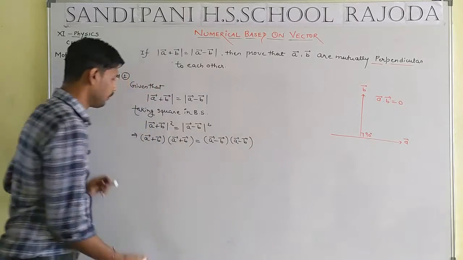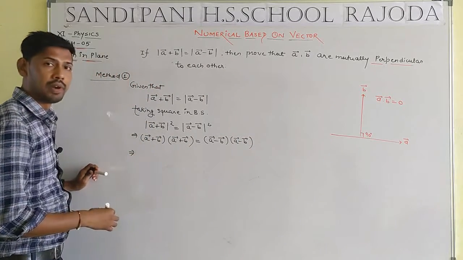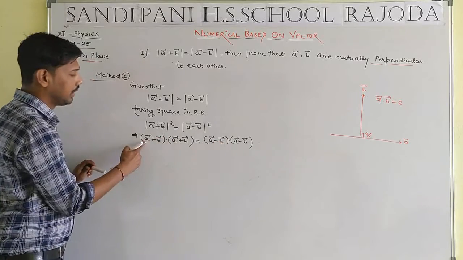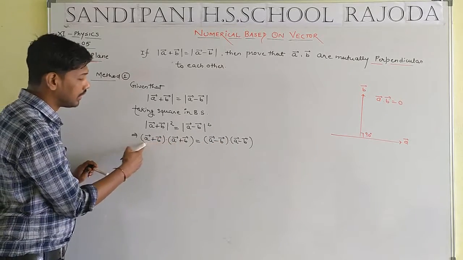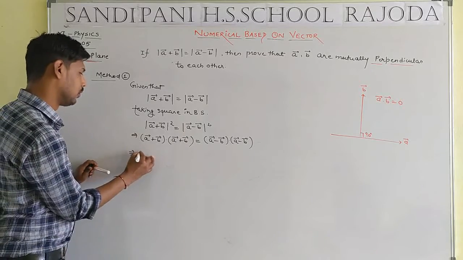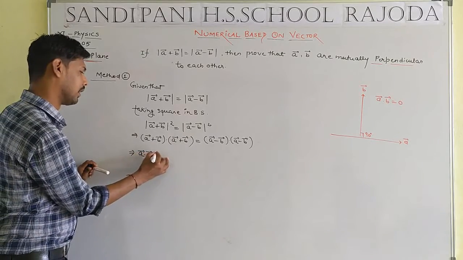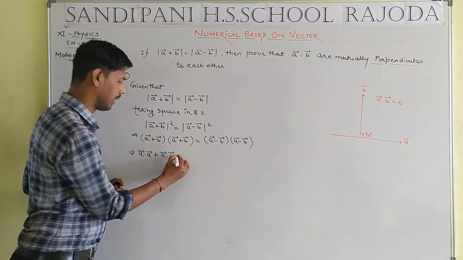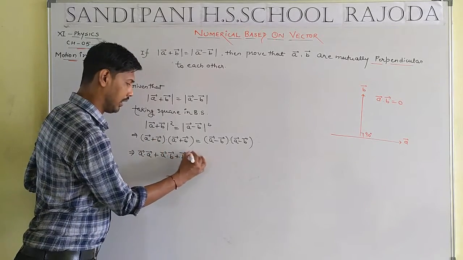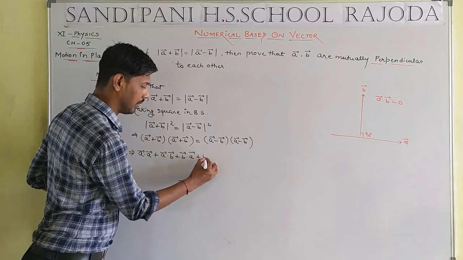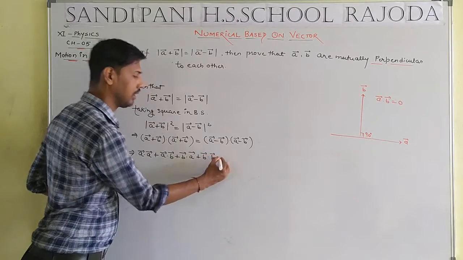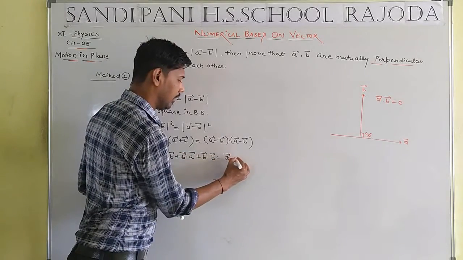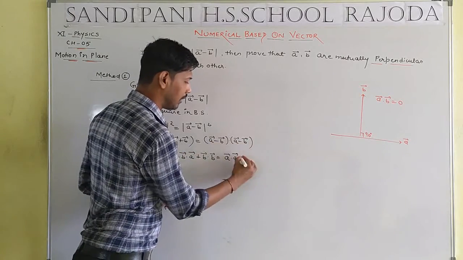Okay, now we have to define the multiply, that means a dot. A multiply by a, then a multiply by b. So we getting a dot a plus a dot b, then b dot a, b dot a, then b dot b.